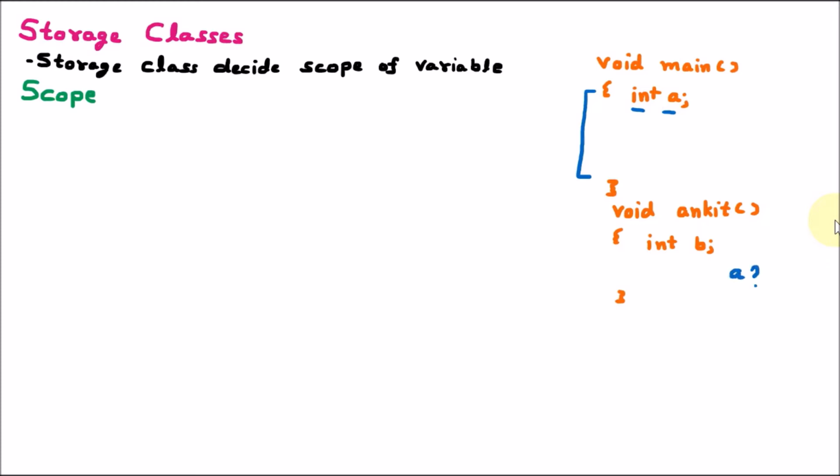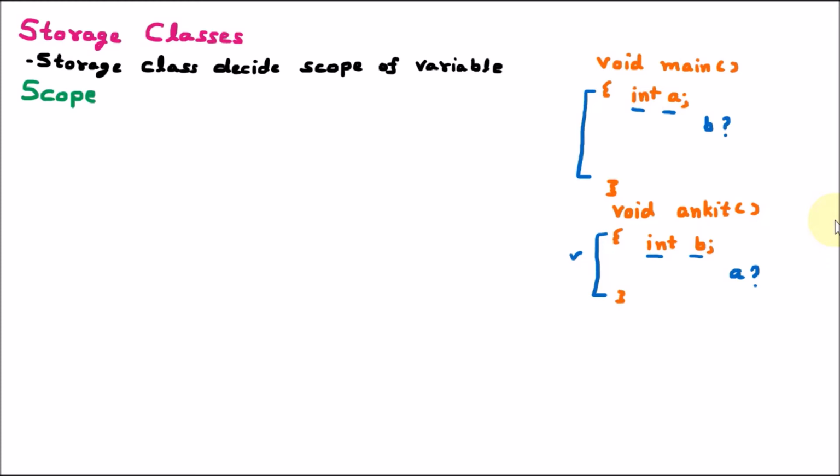Is it possible? That means inside the body of Ankit, can I access this? And I have declared the variable int b inside the body of function Ankit. And can I access b here inside the body of main?